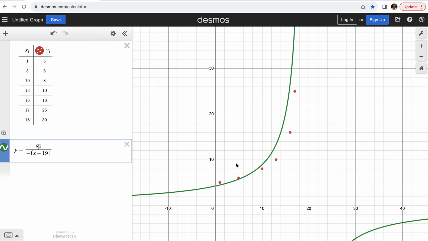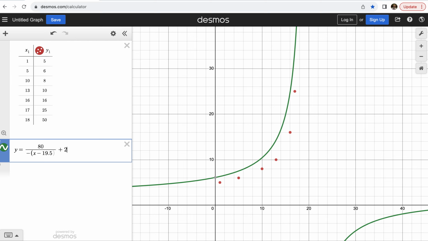Now it looks like I need to move the vertical asymptote over, so maybe it's 19.5, moving it over that way, and it looks like I need to go up a little bit, so the whole thing might need plus 2.